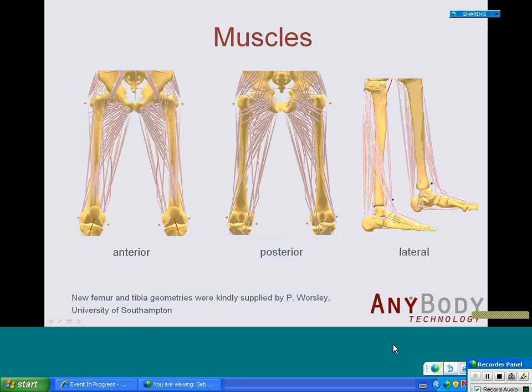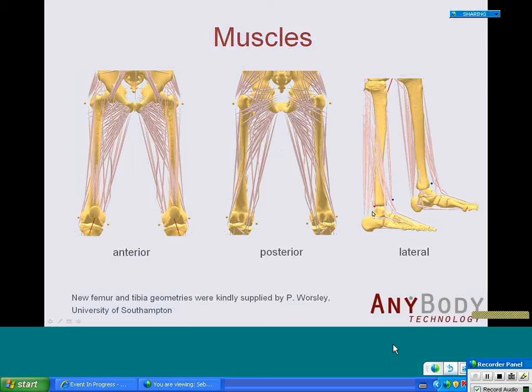So when we look at these muscles in a little bit more detail, you can see it's a very detailed description of the adductor muscles. When you look at the front view of the model, and of course the wrapping again of the iliopsoas muscles, and on the left, there's a view from the back, you can see the gluteus muscles and the way they are discretized with several branches of our muscles.